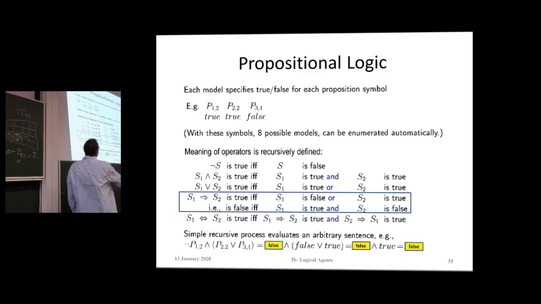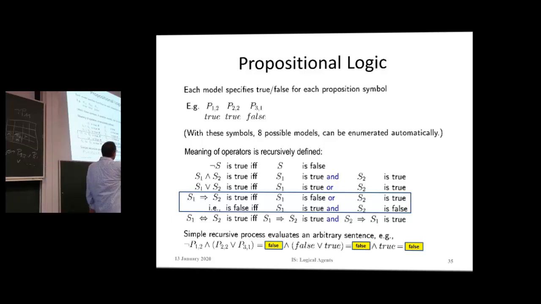And they basically say that if not S is true, then S must be false, and vice versa. If this formula S1 and S2 must be true, then both of those individually must be true. For disjunction, either of the two must be true.